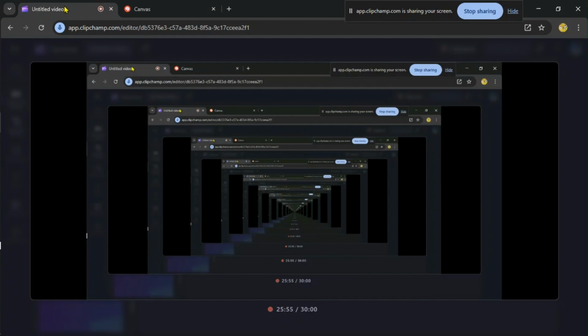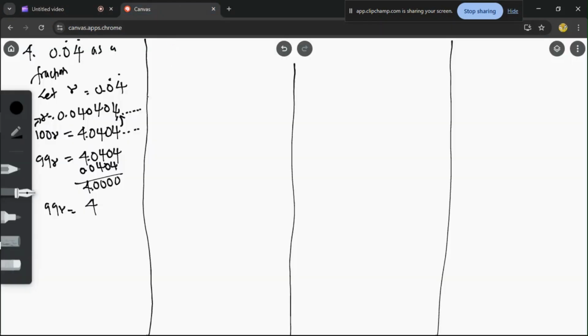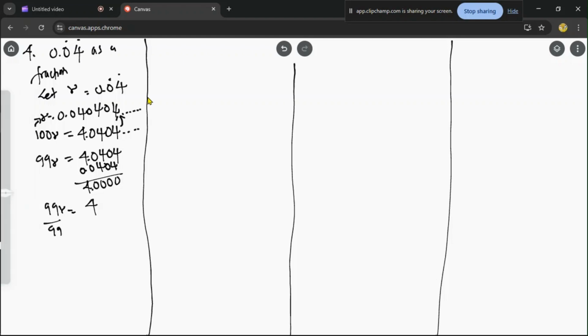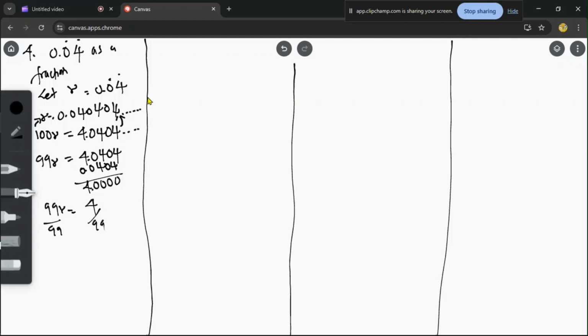And if it is of that form, I now remain with R. Remember, we said let R be the fraction. You can pick any letter, but I've picked R. So if I want to remain with R, I divide here by 99 and here by 99.